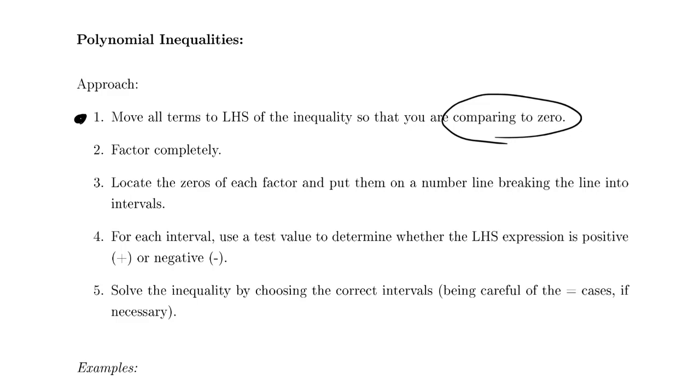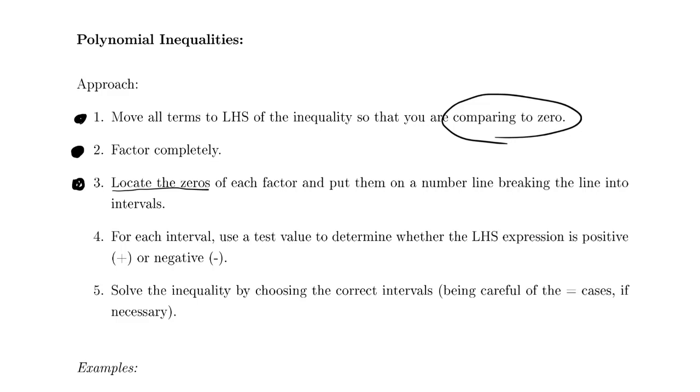All right, so once we have everything to the left-hand side, we're going to factor completely. We're going to locate the zeros of each factor and put them on a number line, breaking the number line into intervals. So far, when we locate the zeros, that's really the same thing as we were doing with equations. The zeros there would be the solutions to the equations, but we have a lot more to do here because it's an inequality.